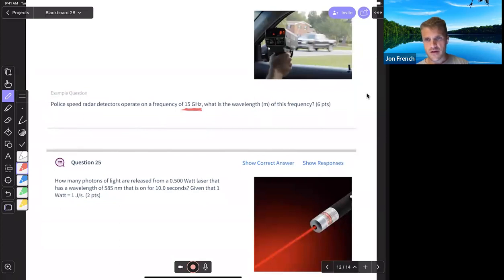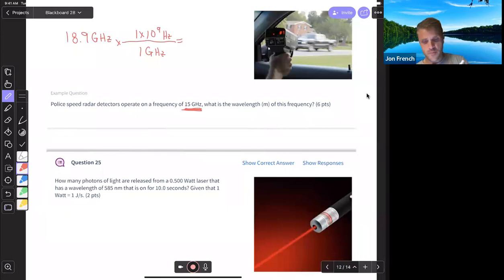All right, so we've got 18.9 gigahertz. And so with 18.9 gigahertz, we have to get that to hertz first. We know in 1 gigahertz there is a billion hertz, so 1 times 10 to the 9 hertz.